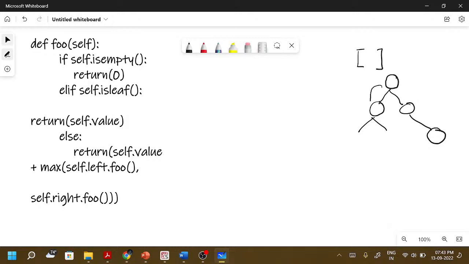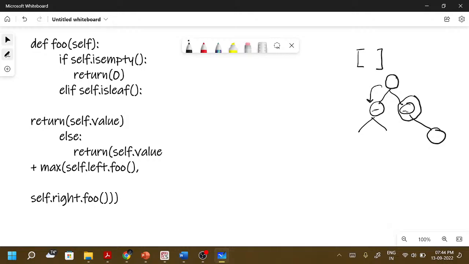Then I'll go down in the tree. This root has two nodes, basically, one on the right and one on the left. So it will choose between self.left.foo and self.right.foo, whichever is the maximum.